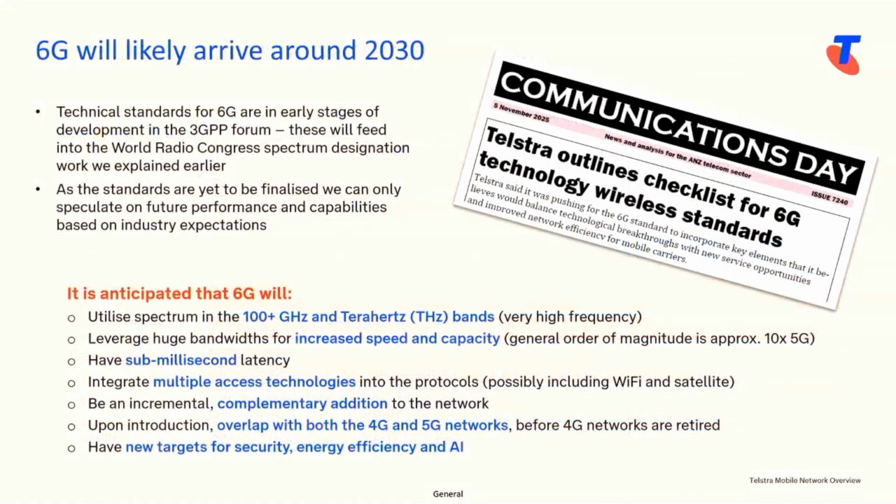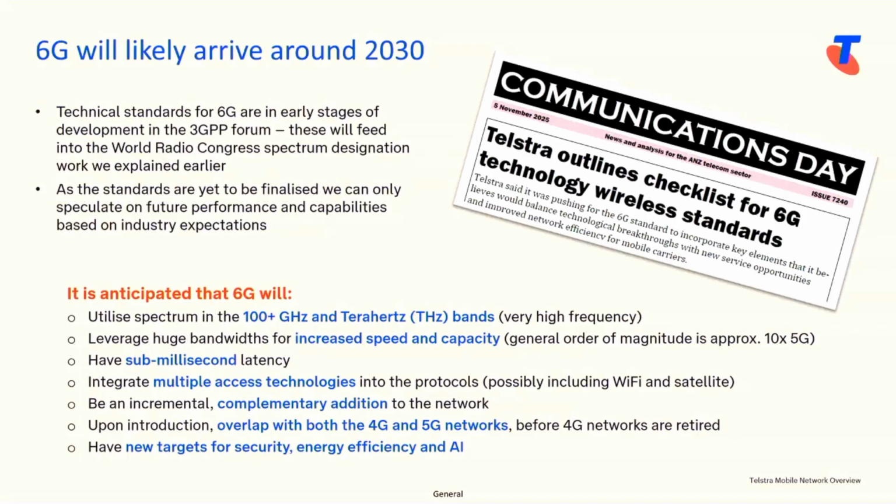Now, 6G is an interesting one because it's still in the early stage of development, so we don't really know what it looks like. We can guess. There is some anticipation that it's going to be in the 100 gig terahertz band, so that's very high frequency.